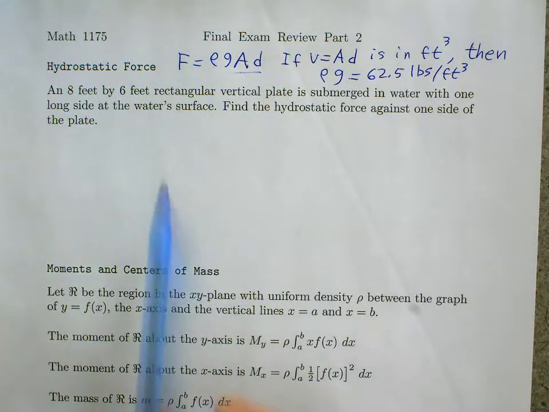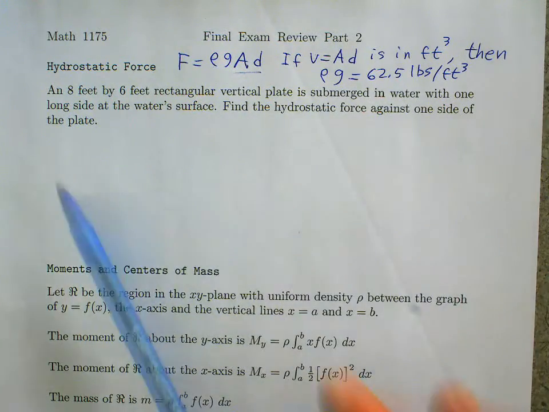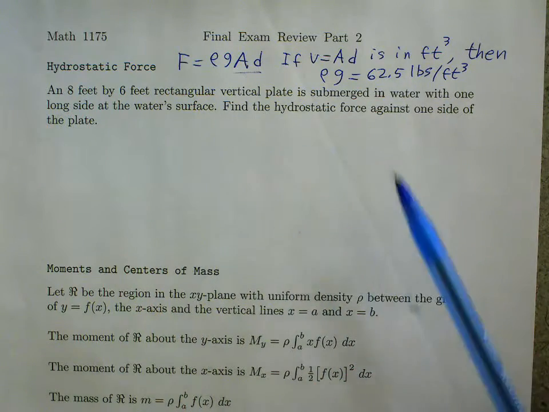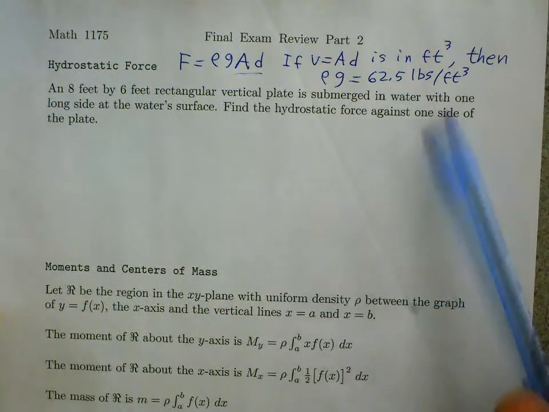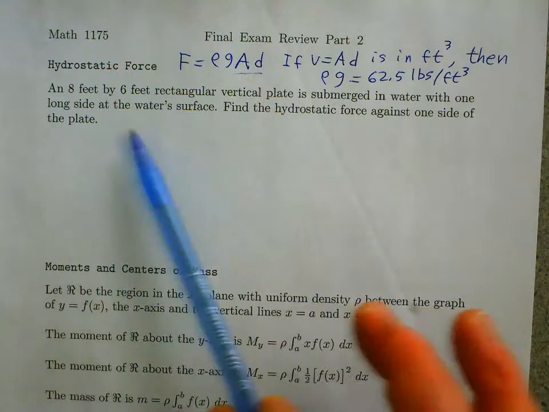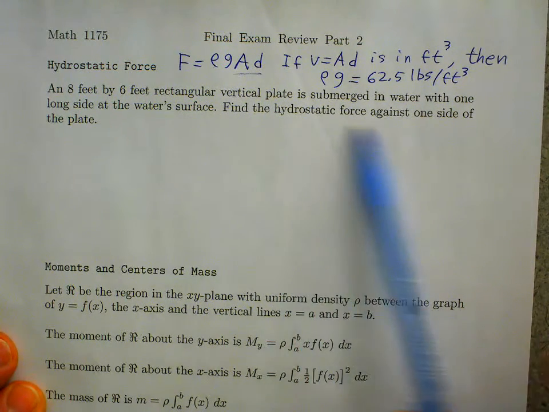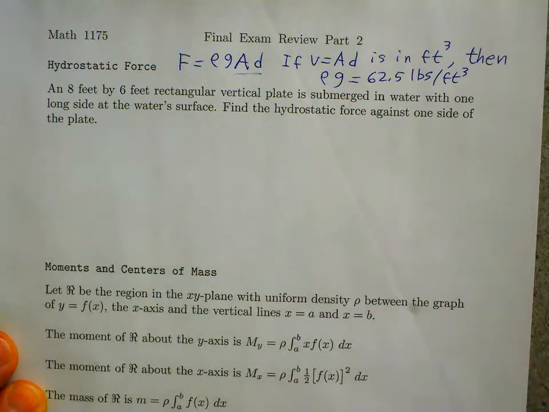Okay, so in this particular problem, it says an 8 feet by 6 feet rectangular vertical plate is submerged in water with one long side at the water surface. Find the hydrostatic force against one side of the plate.